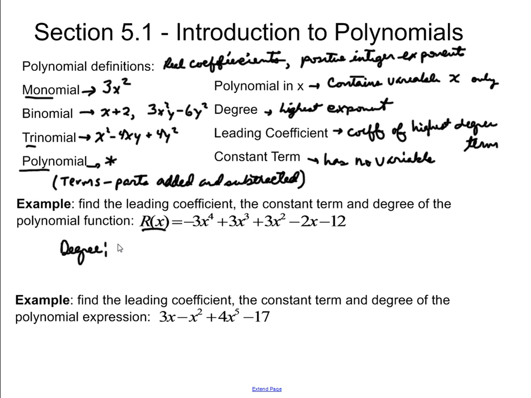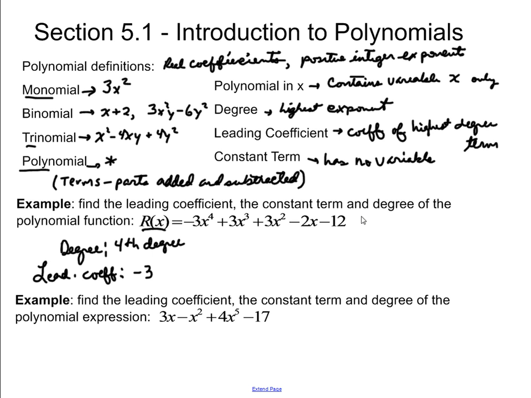And so we're going to say that the degree right here is fourth degree. So this is a fourth degree polynomial. The leading coefficient is the coefficient that's multiplied by the highest degree term, and if there's a sign in front of it, that must come along for the ride. So our leading coefficient is -3 in this case.